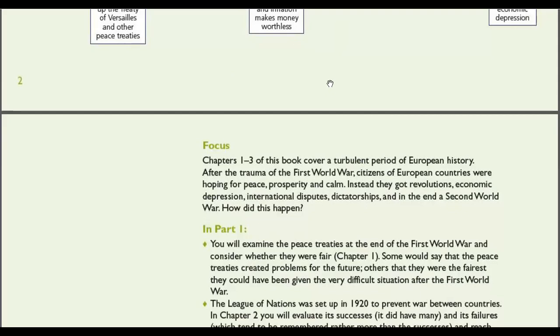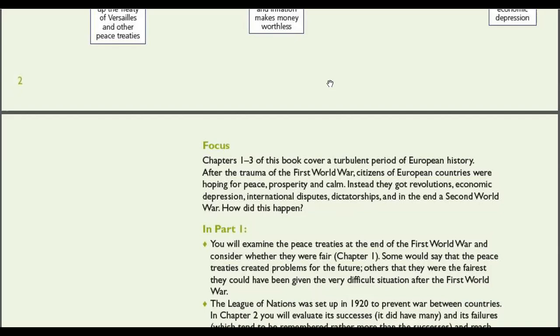This was the first aim for them, prosperity and a calm life without disturbance. Instead, they got revolution, economic depression, international disputes, dictatorships, and in the end, a second war.